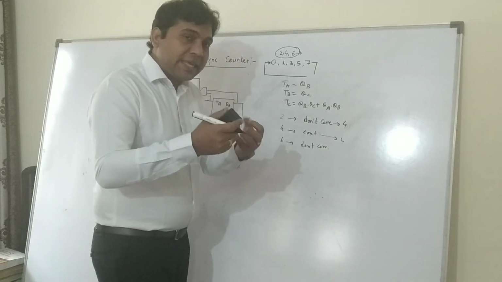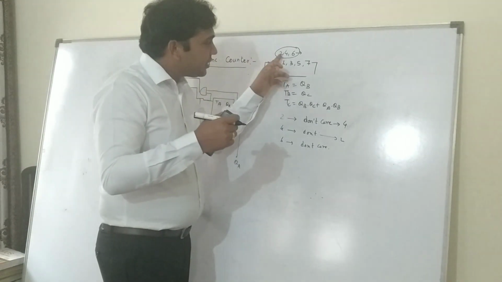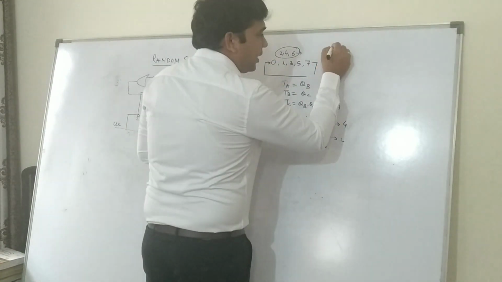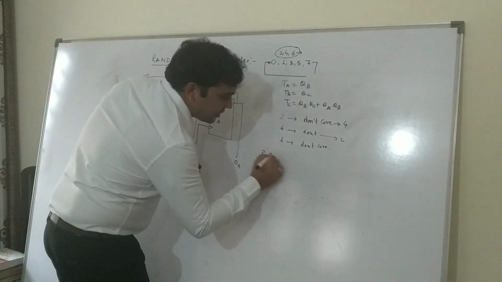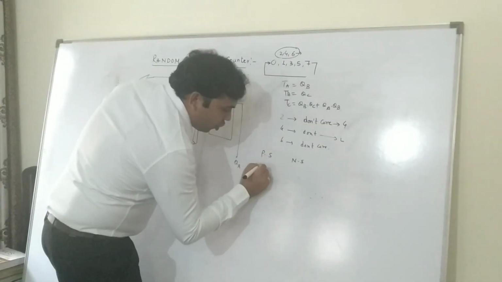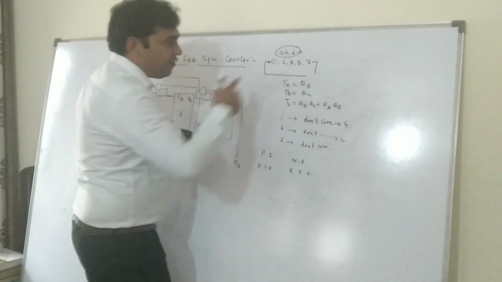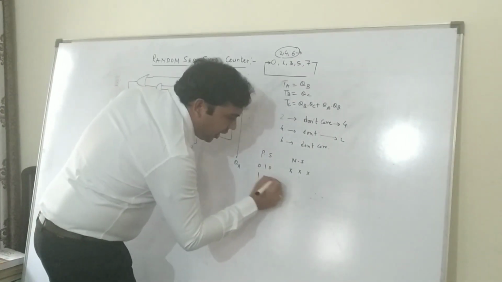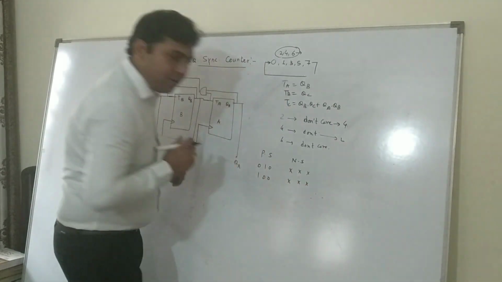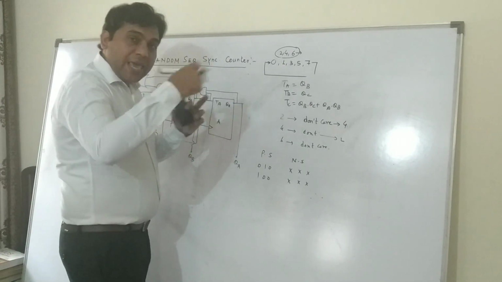Let me draw the present state and the next state again. When I draw 2, meaning 0, 1, 0, I draw the next state to be don't care. Whenever I have drawn 4, I have drawn the next state to be don't care.